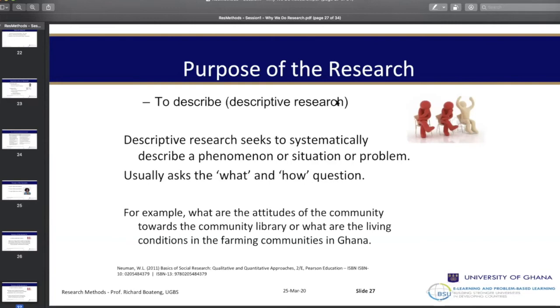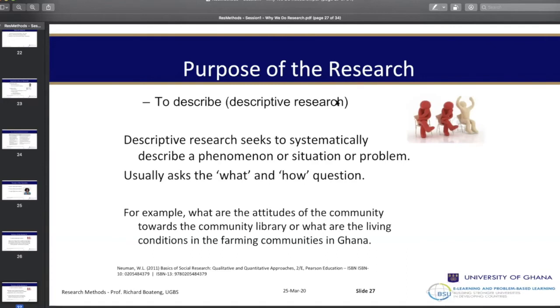For example, some students go to the library and they tear pages out of the books and take them away. Some students also like hiding the books in specific corners, so only them and their friends will have access to it. Some of the students, every day they are the first person in the library, they take a book and they go and read, and they hijack that reference book for the whole day. So nobody can have access to the book.